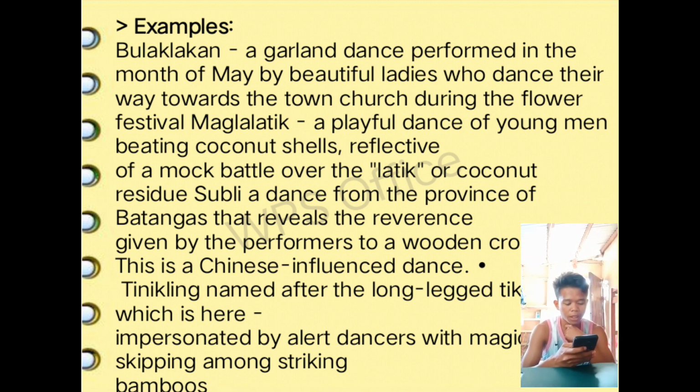Number 2, Maglalatik, a playful dance of young men beating coconut shells, reflecting a mock battle over the latik or coconut residue, a dance from the province of Batangas that reveals the reverence given by the performers to a wooden cross. This is a Chinese-influenced dance.